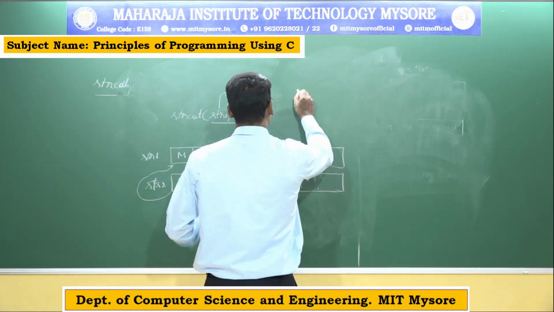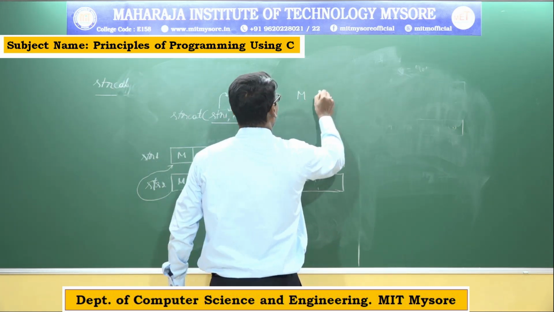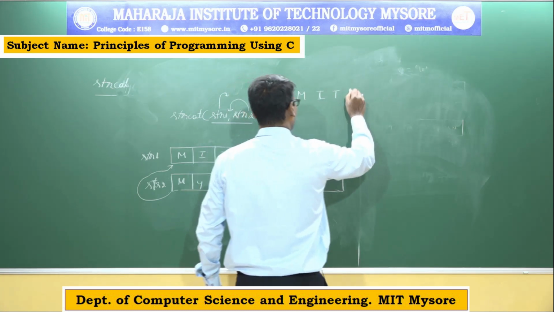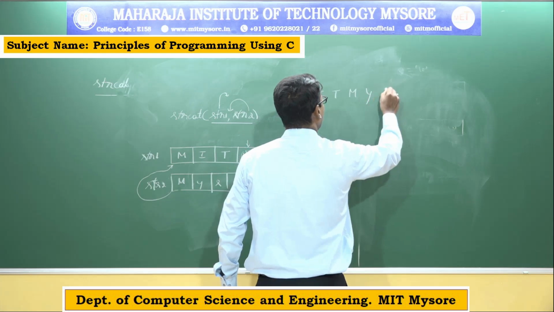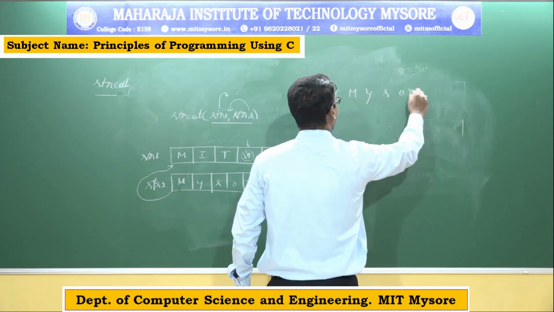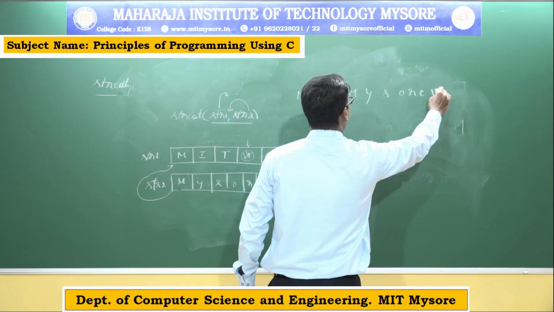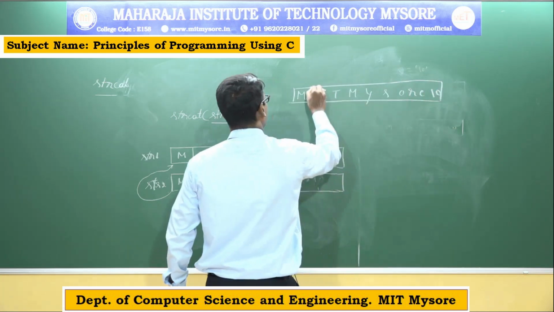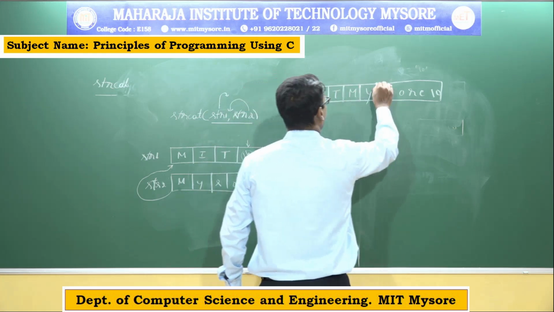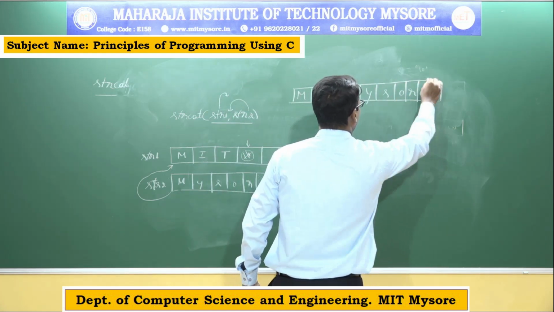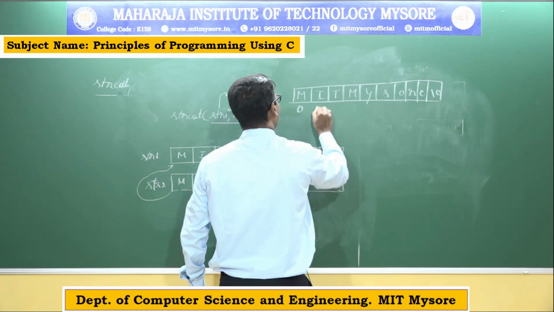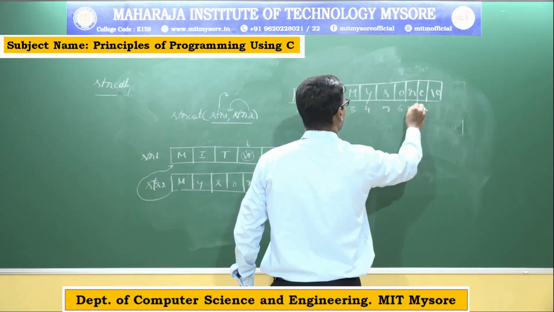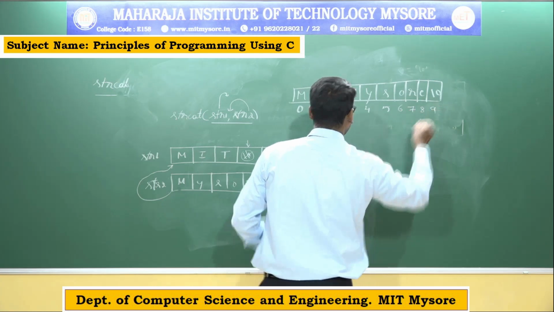So the resultant array is M I T M Y S O R E and the null character. Index 0, 1, 2, 3, 4, 5, 6, 7, 8 and 9.